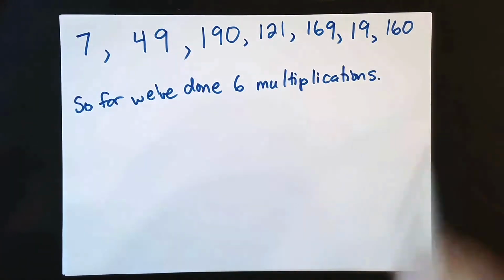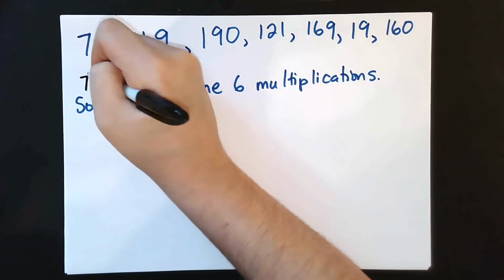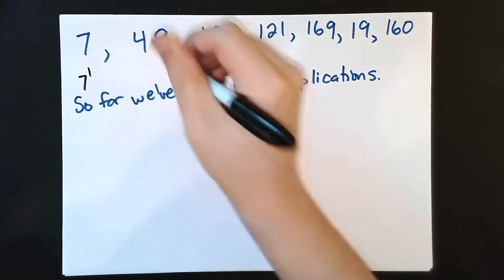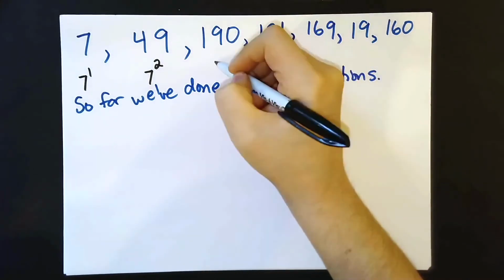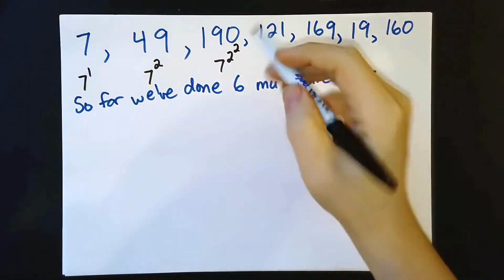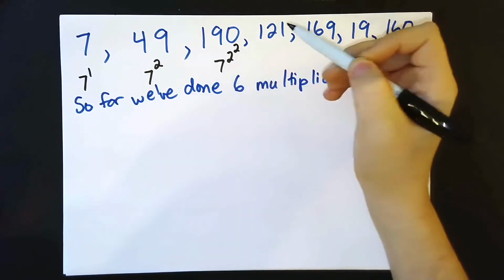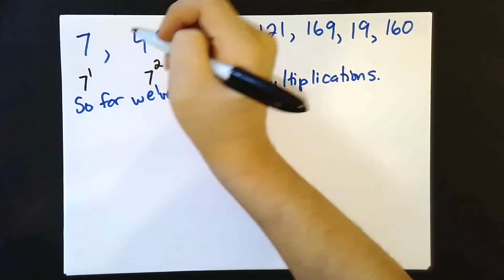How are these numbers I've calculated going to help me? And the key to unwinding that is writing down what these things actually are. So this is 7 to the 1st. That's 7 squared. This is 7 squared squared. So this is 7 to the 2 squared, also known as 7 to the 4th, but I want this power to be clear.